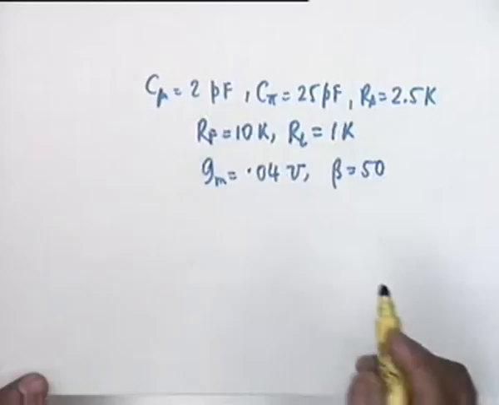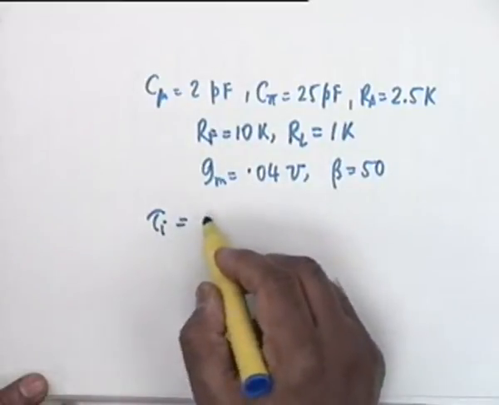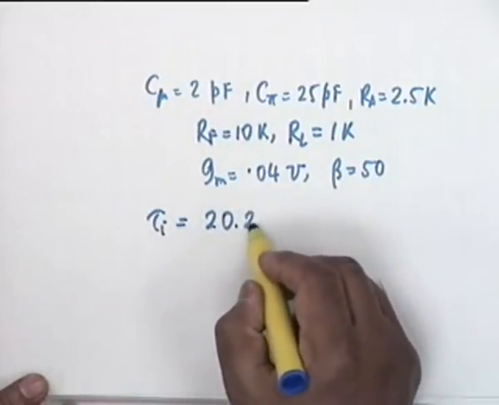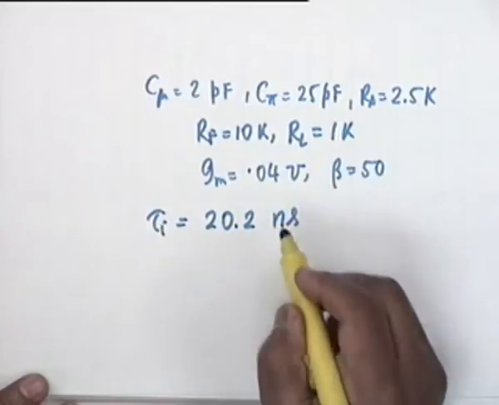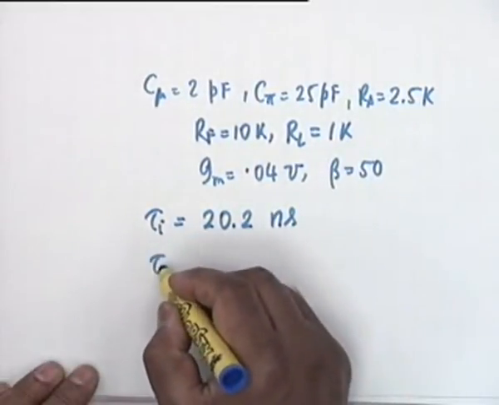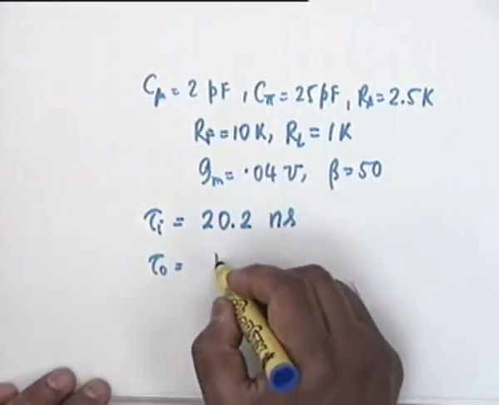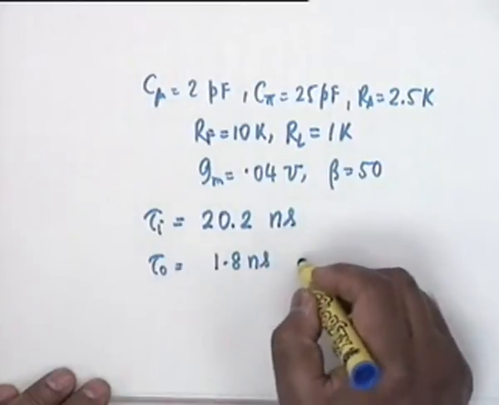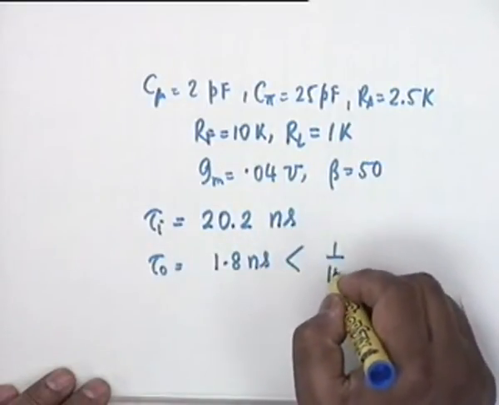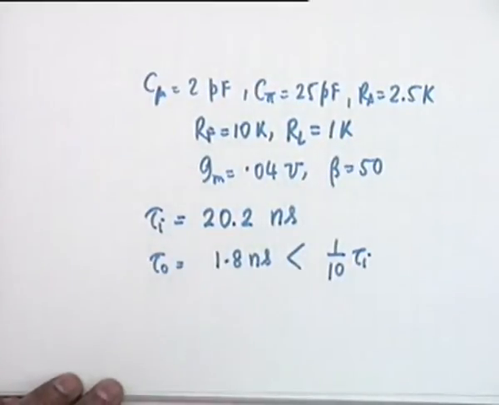Then if you substitute the values, you get tau I as equal to 20.2 nanoseconds. Nano means 10 to the minus 9. And tau naught calculates out as 1.8 nanoseconds, which is less than 1/10 of tau I. Therefore, the input circuit dominates FH.